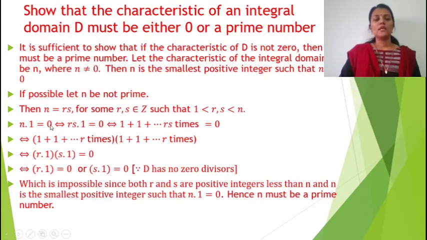So n into 1 equal to 0 is equivalent to rs into 1 equal to 0, which means if we add 1 rs times, 1 plus 1 plus etc., rs times, it is equal to 0. That we could write as equivalent to 1 plus 1 plus etc.